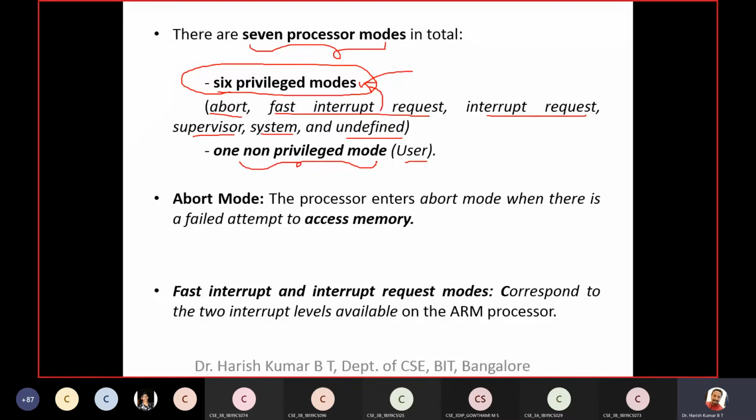In the user mode, you have access for reading and writing the conditional flags, but you can only read the control flags: mode bits, thumb state bit, interrupt, fast interrupt. Only those bits can be read, but you don't have the provision for modifying them.